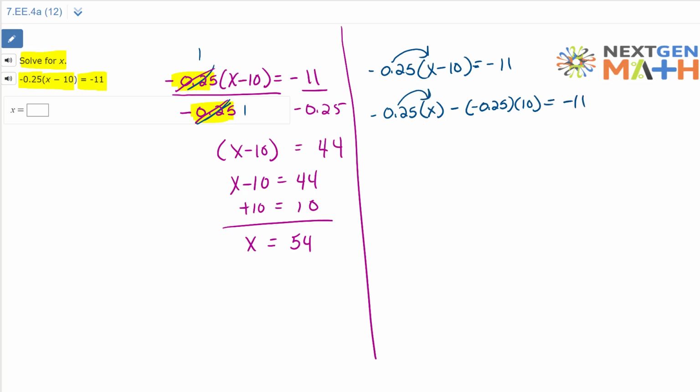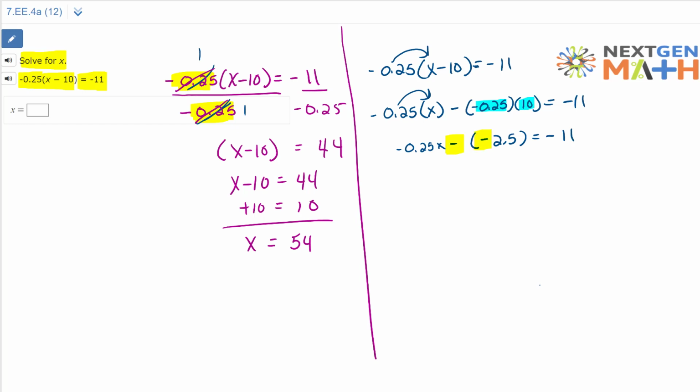So this is still going to be negative 25 hundredths x, and then negative 25 hundredths multiplied by 10, that's going to be equal to a negative 2 5/10, equals negative 11.